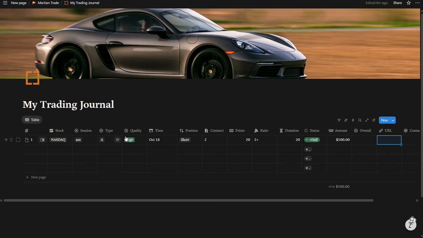This is all what we as humans do. Like, I think this is a high probability. The market does not say if it's high probability or low, if it's A plus or B plus. That's my interpretation. That's what I believe, that this is A or B or C. But it doesn't mean that would be an A plus setup for the market.